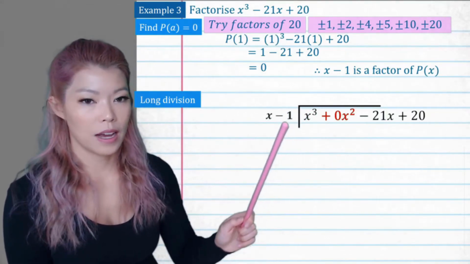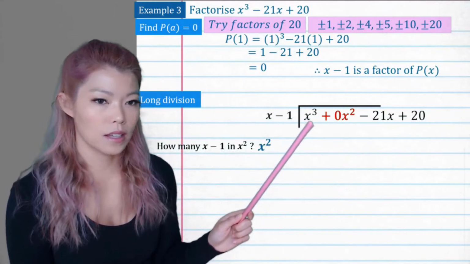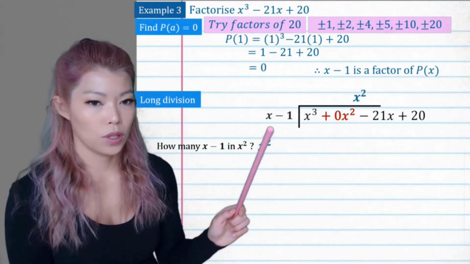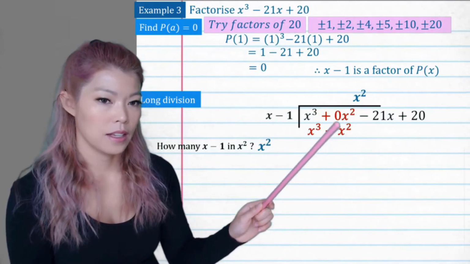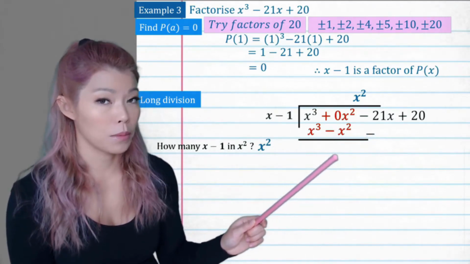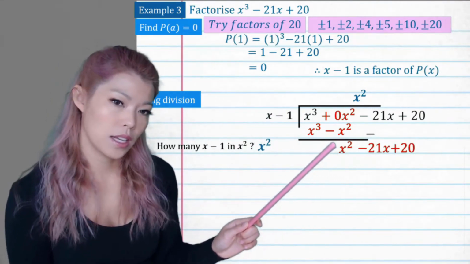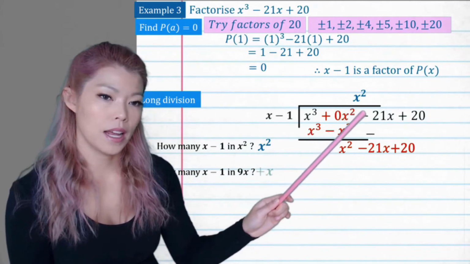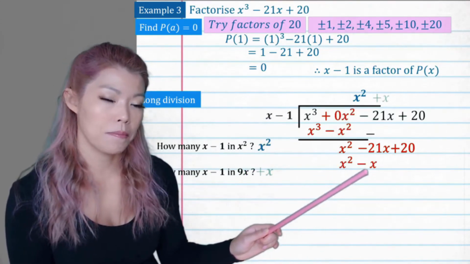So let's put in our divisor and let's go, x times what is x cubed? That's x squared. So x squared, multiply all that, we get x cubed minus x squared. Subtract. Minus minus becomes a plus, be very careful. So now we have x squared. x times what is x squared? That's just x. So plug in x over there. So x times x minus 1 becomes x squared minus x.